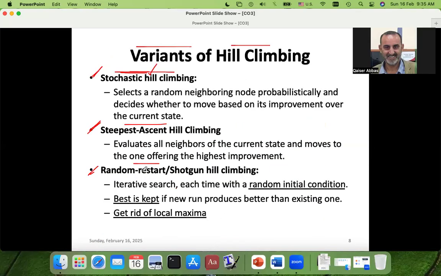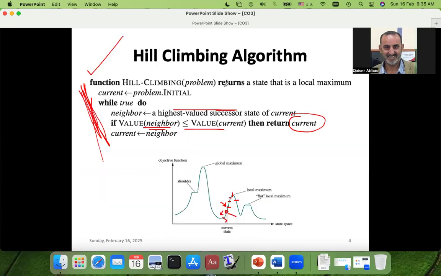Now let's see what is the difference between this and that. Stochastic hill climbing will select neighbors randomly and probabilistically. What does it mean?